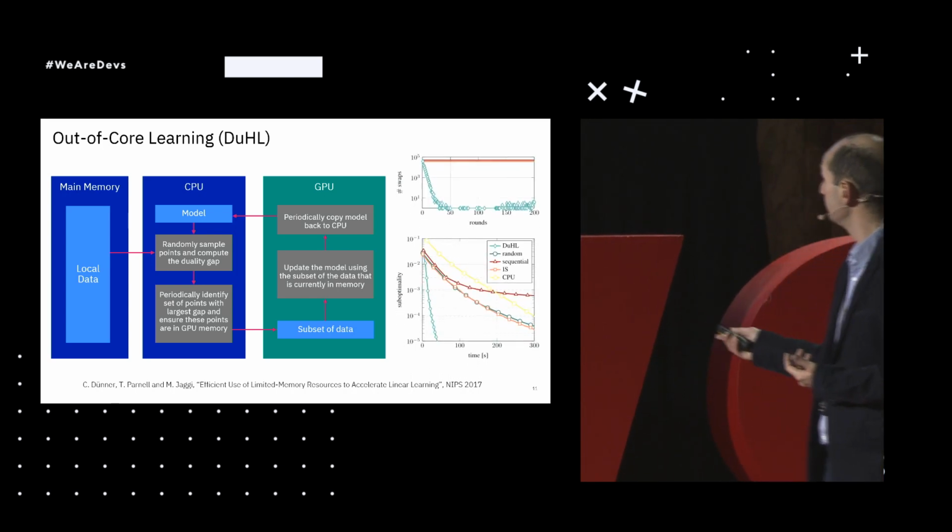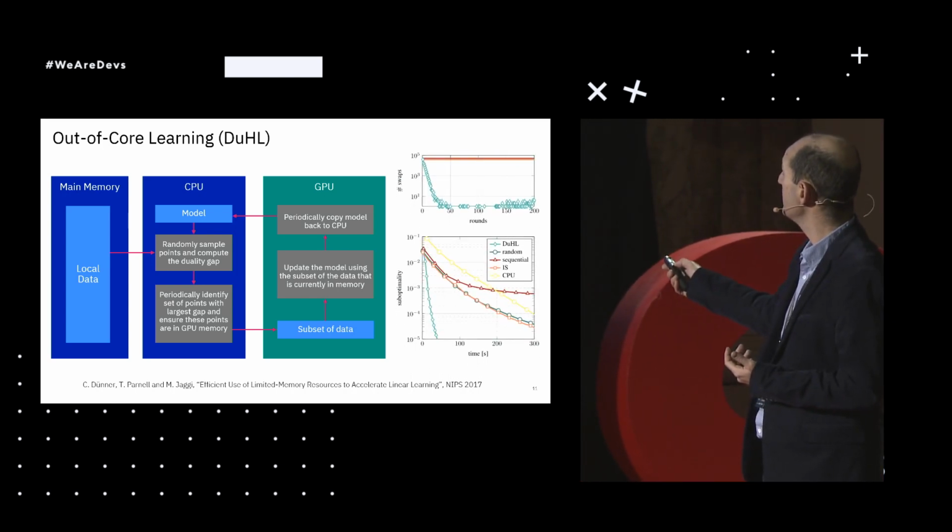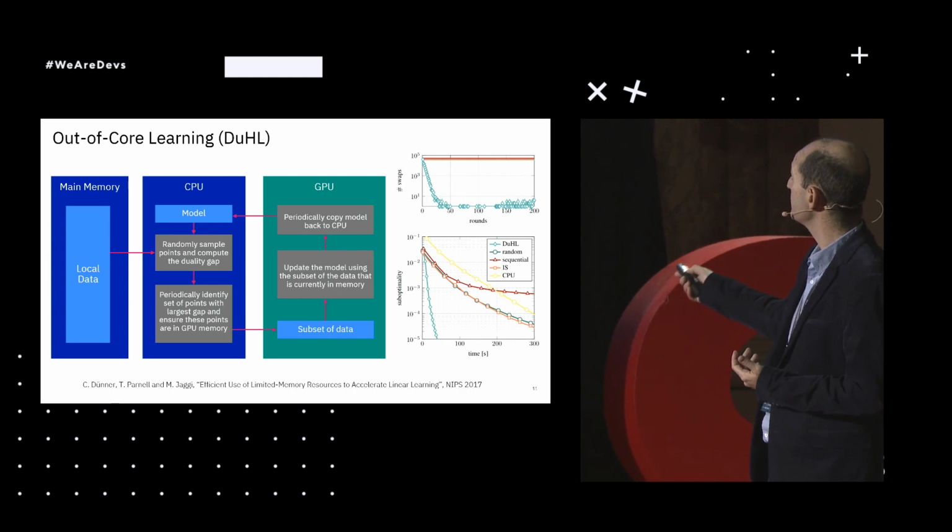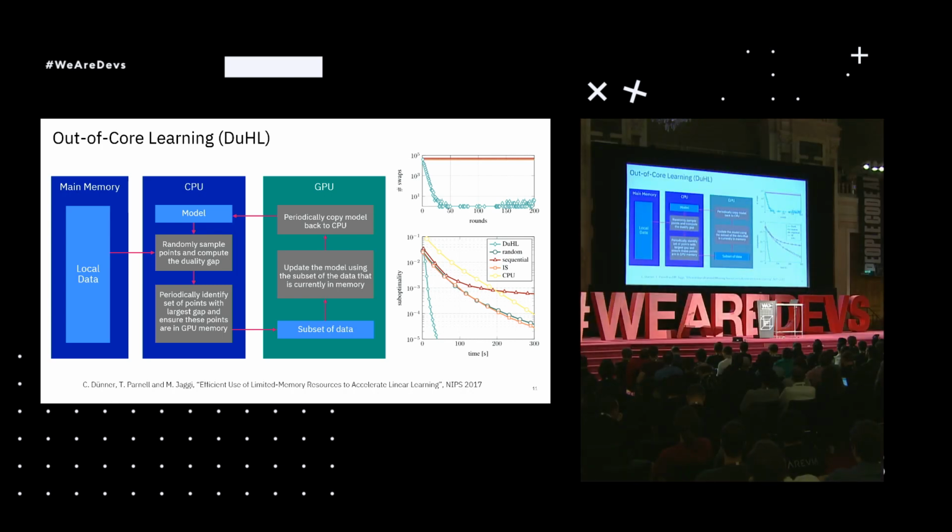So this is shown here. This is the number of communication rounds, and this is the amount of data that you transfer. This is the algorithm that we came up with, and these are the sequential or random approaches. Random means that every time I pick, say, 32 gigabytes of random data and push it to the GPU. Sequential means instead of random, I just push the data sequentially to the GPU.